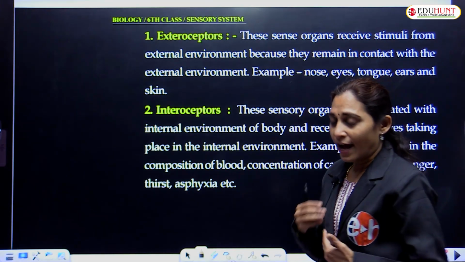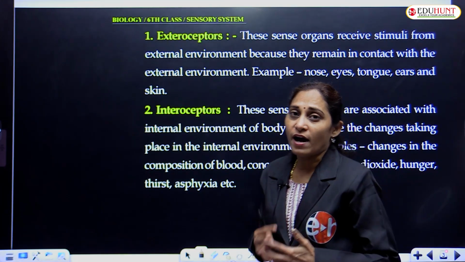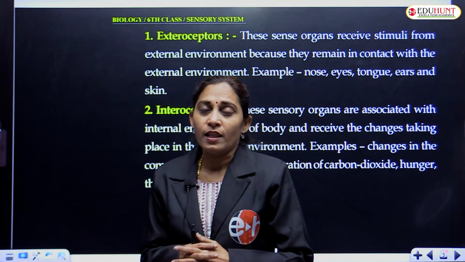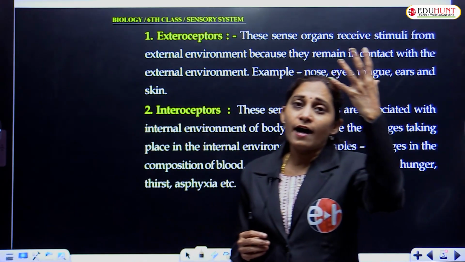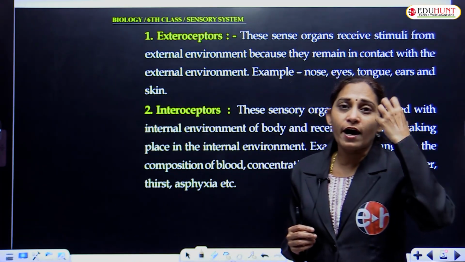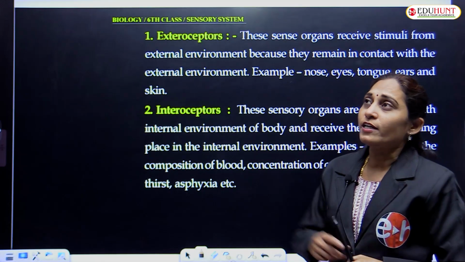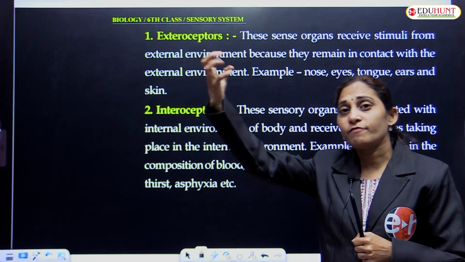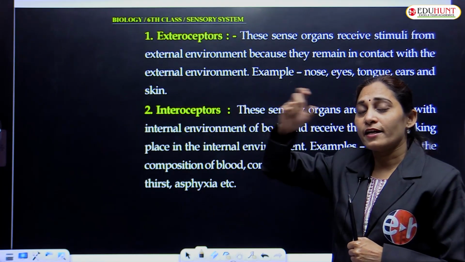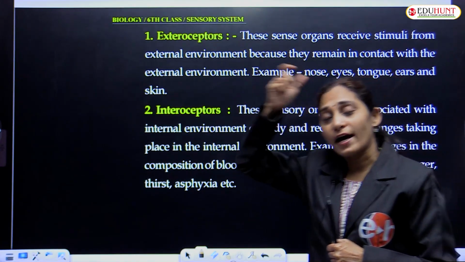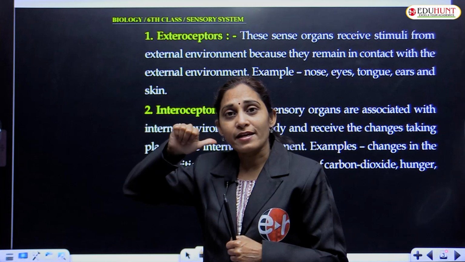They are in direct contact with the external environment, like the nose, ears, and eyes. They are in contact with environmental signals. If there is light, it directly falls on the retina. So there is a direct contact between the external stimulus and the sense organ.